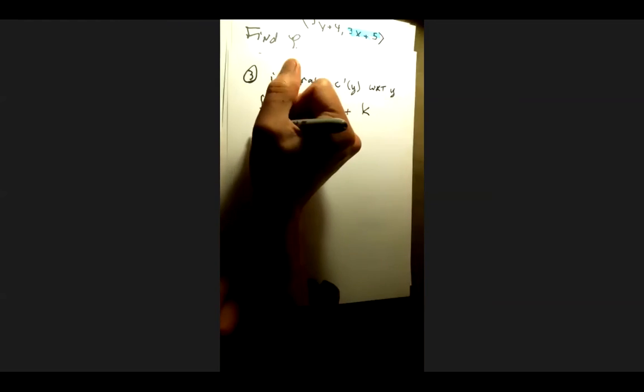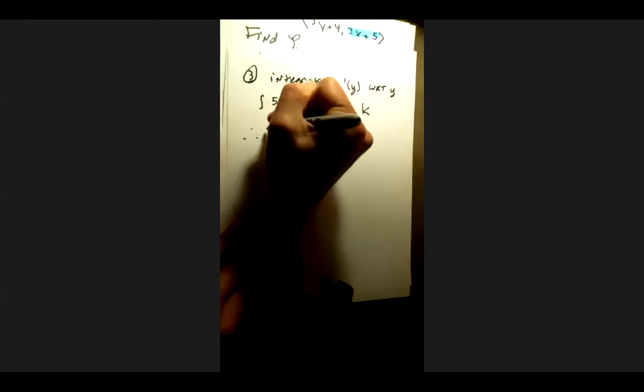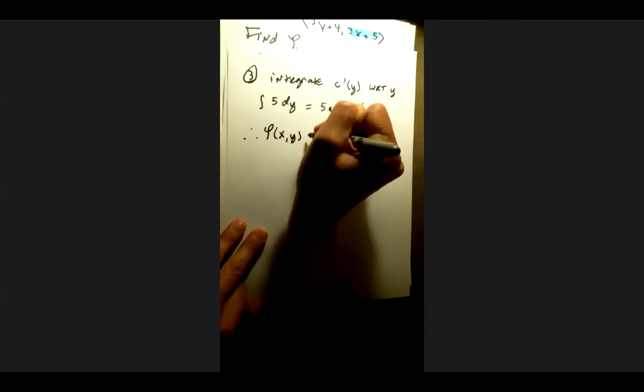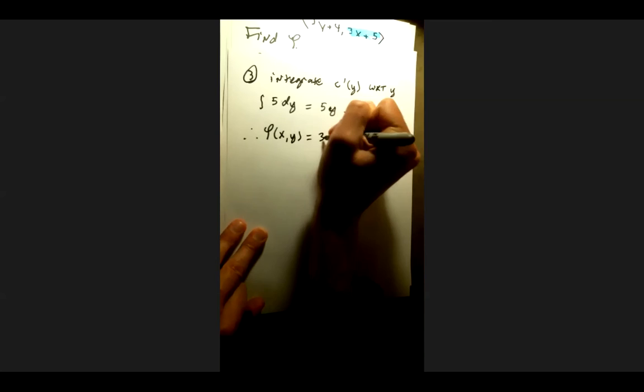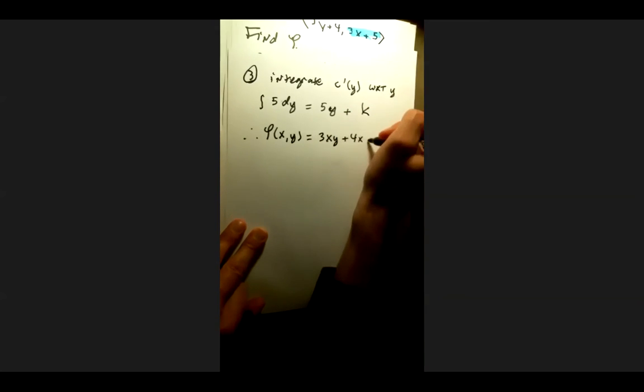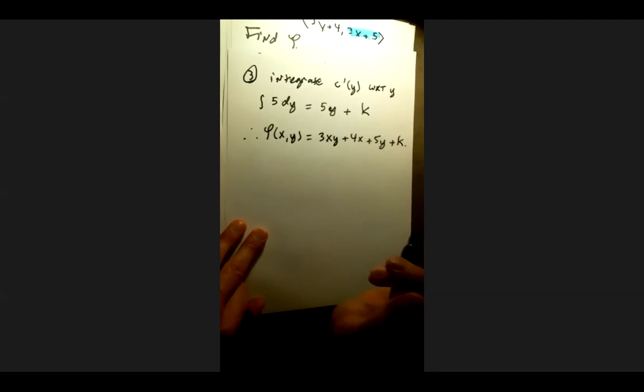And so this lets us state our conclusion that phi of x comma y is equal to 3xy plus 4x plus 5y plus k.